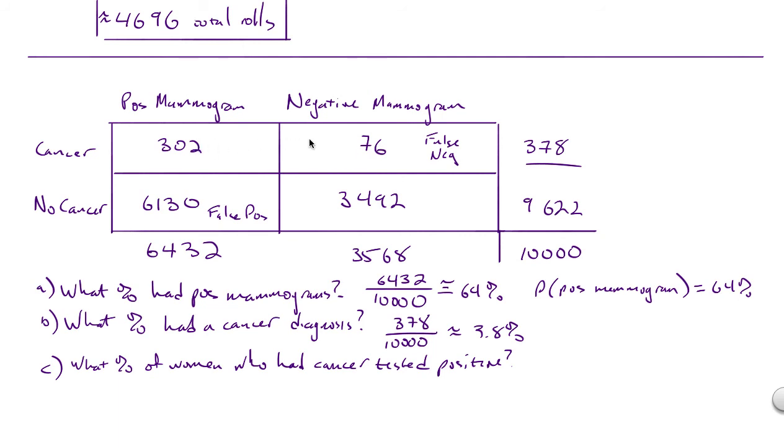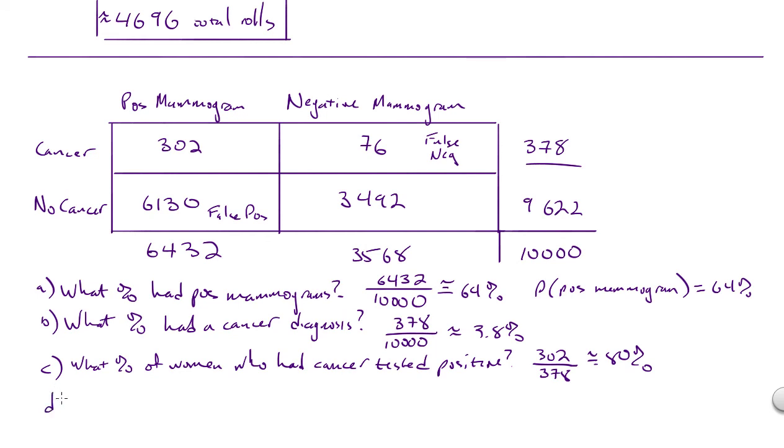Within that row, how many of those tested positive? 302 out of a total of 378. And that's about 80%, I think. So what that tells us is that within this group, those that had cancer, the test caught it 80% of the time.